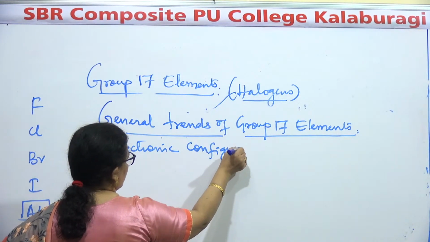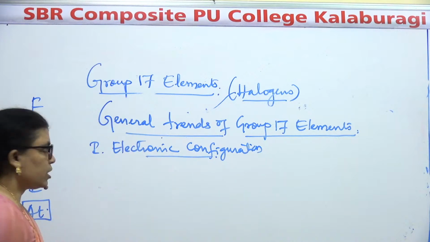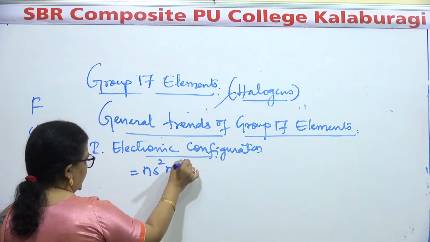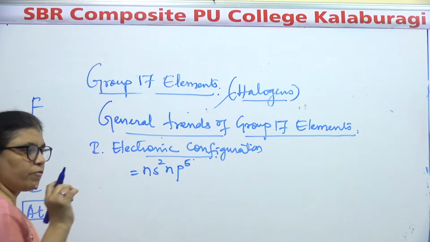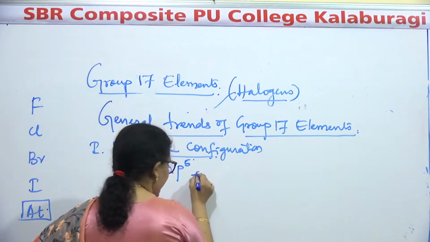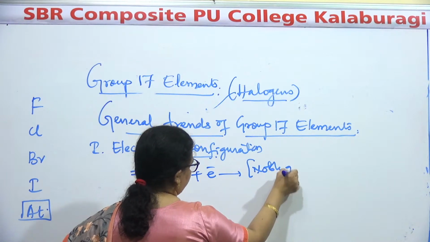Electronic configuration is ns2 np5. It needs one electron to complete its octet. By accepting one electron, it can become a noble gas.